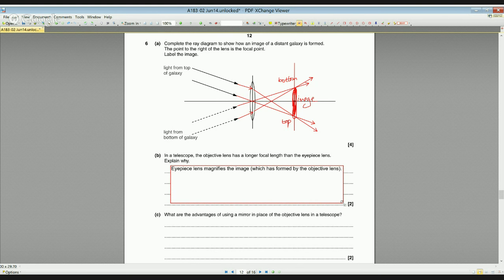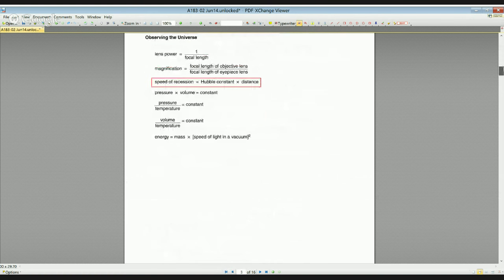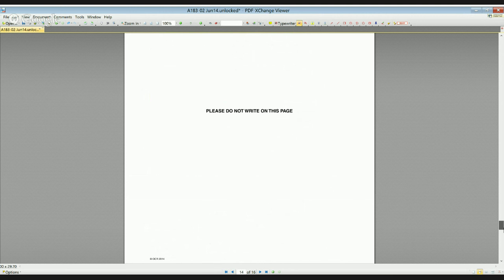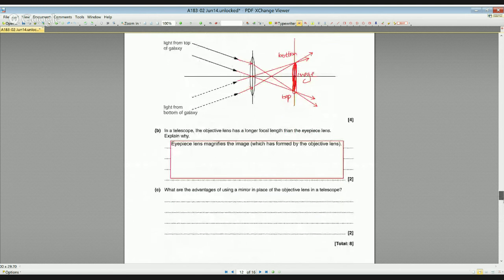And we need to refer to the formula that's provided. Again, let's have a look at the useful relationship sheet here, and we'll see that magnification is equal to the focal length of an objective lens divided by the focal length of an eyepiece lens. So we should refer to that equation.